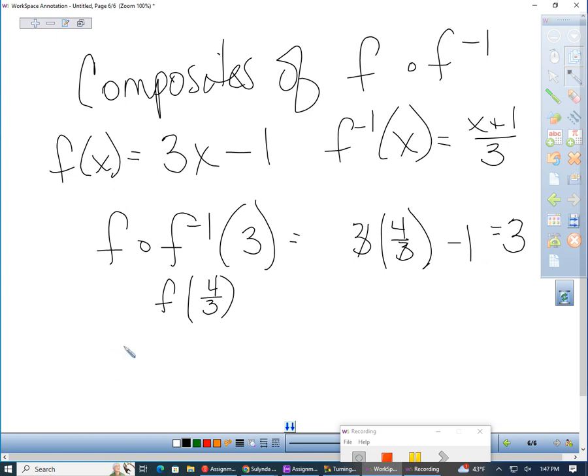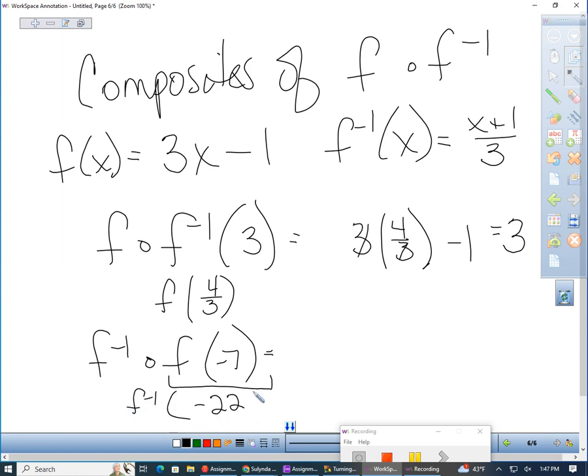Let's try another one. I can even go the other direction. What if I said my f inverse of f of negative 7? So I'm going to take negative 7, plug it into my f. Okay, so negative 22. And then I'm going to plug that into my inverse. So I have negative 22 plus 1 divided by 3.